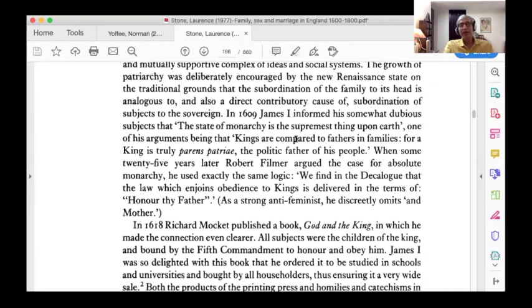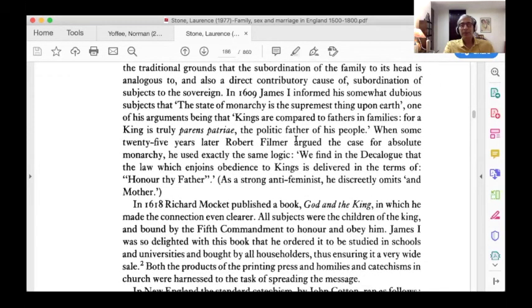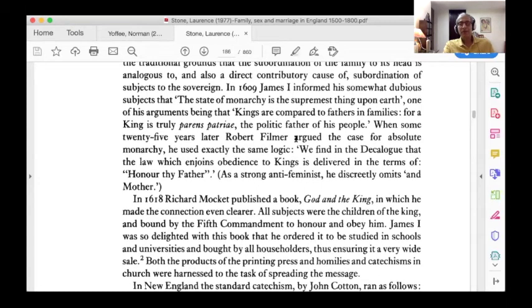In 1609, James I informed his somewhat dubious subjects that, quote, "the state of monarchy is the supremest thing upon earth," end quote. One of his arguments being that, quote, "kings are compared to fathers and families, for a king is truly parens patriae, the politic father of his people," end quote.